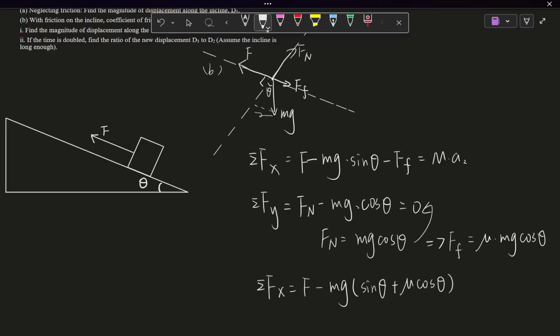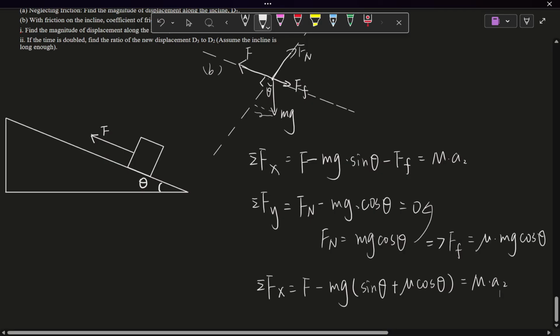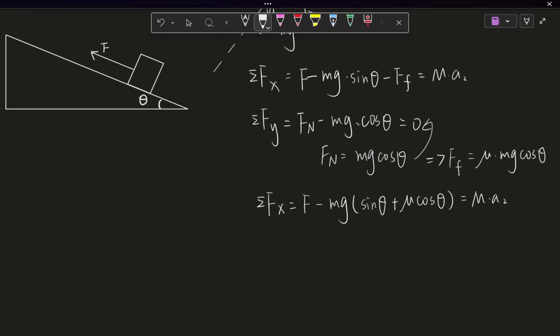I just reformed it to make it look better, and it is equal to m times a2, which we can get a2 is equal to F over m minus g times sine theta plus mu cosine theta.